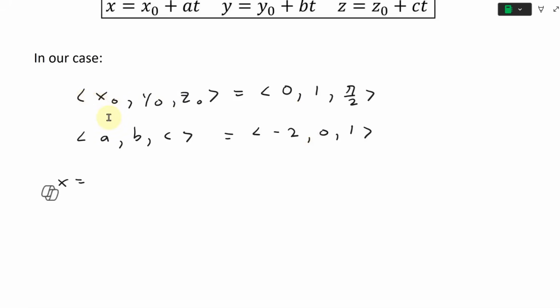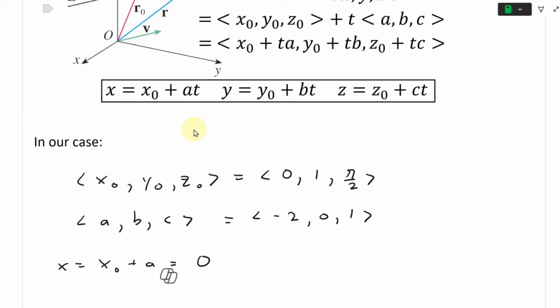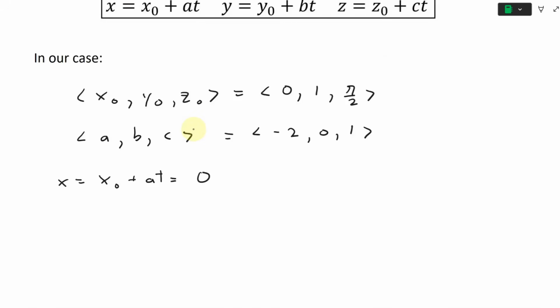So what this means is our parametric equations are, well, we just add these up: x equals x naught plus a, and then t. So we have 0 minus 2t.